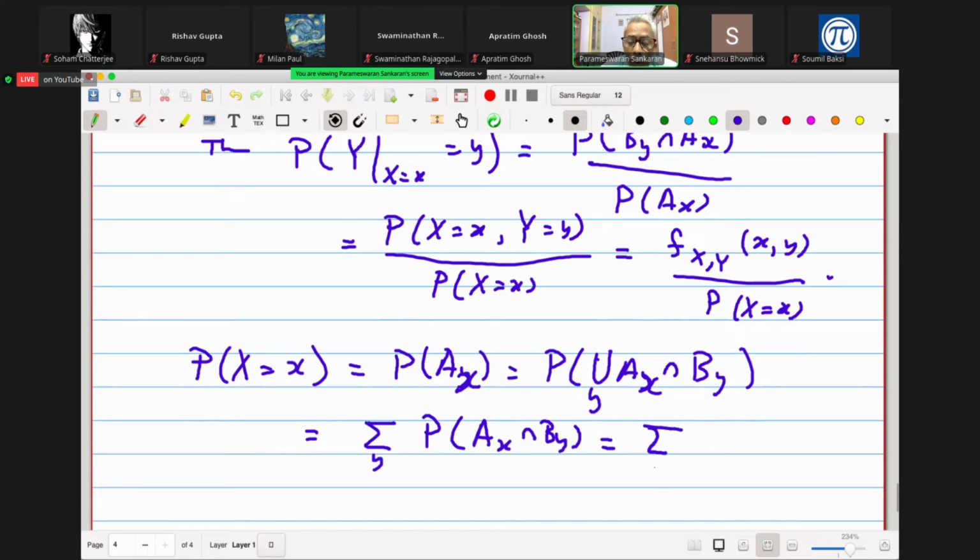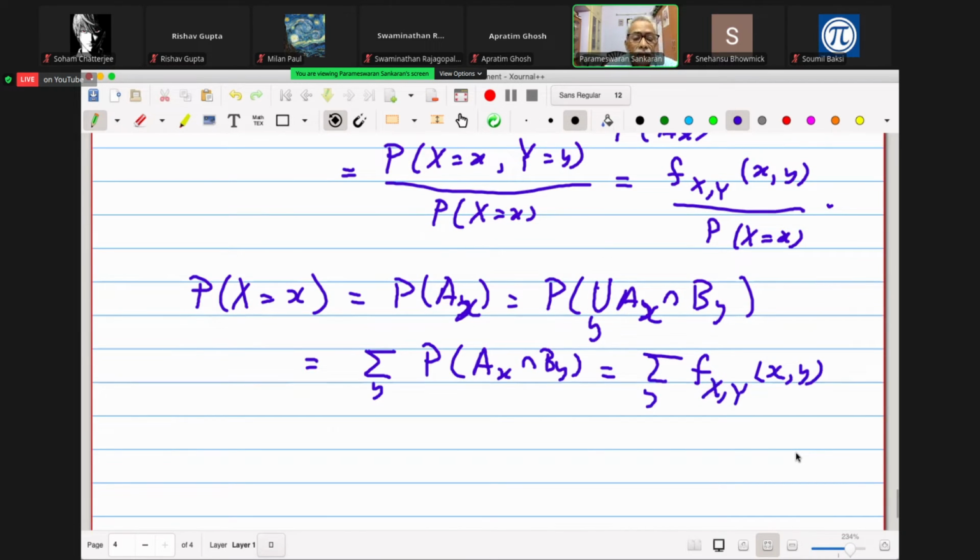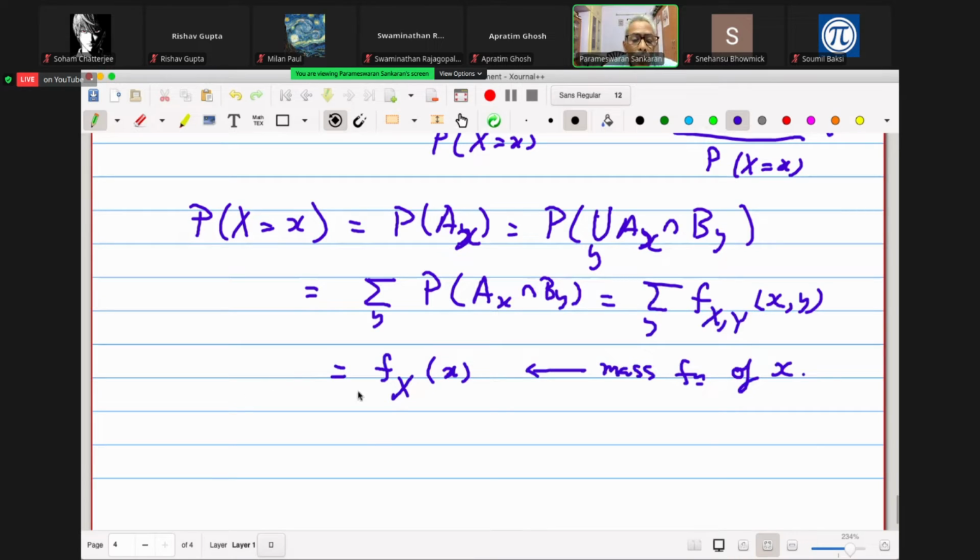And this is the sum over y of f_XY of x comma y. This is precisely what we write as f_X of x, the mass function of X. This is also called the marginal of f_XY.